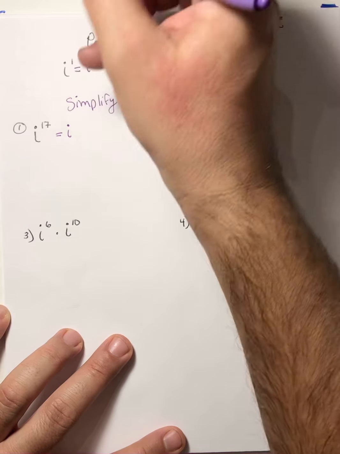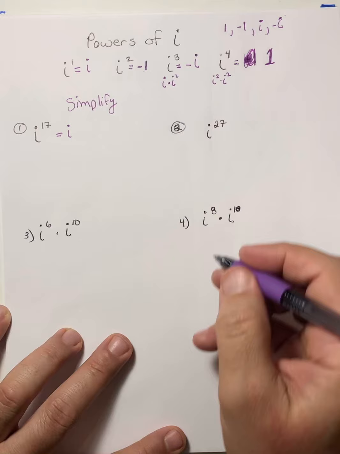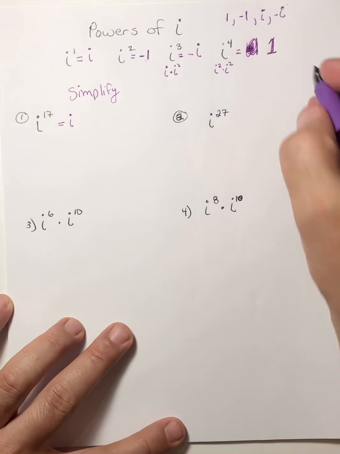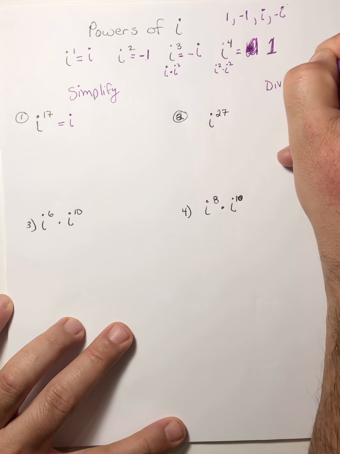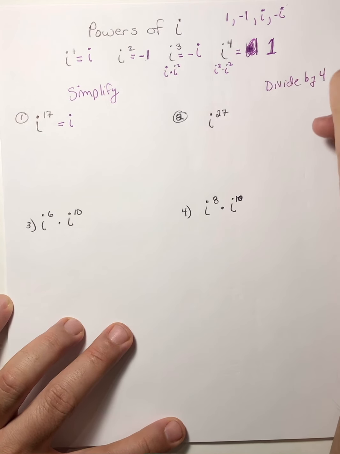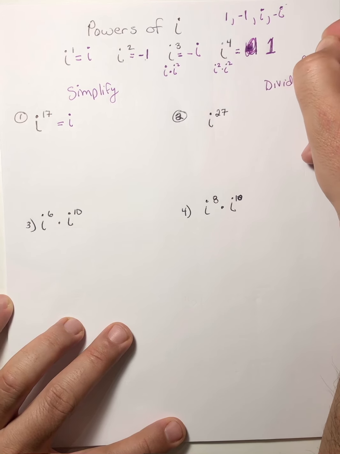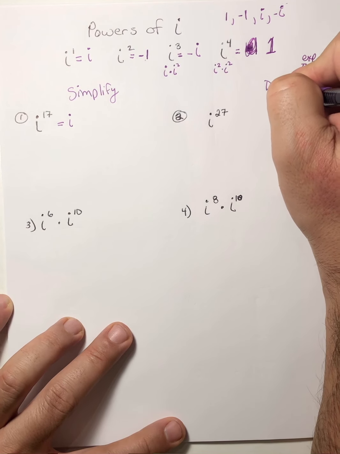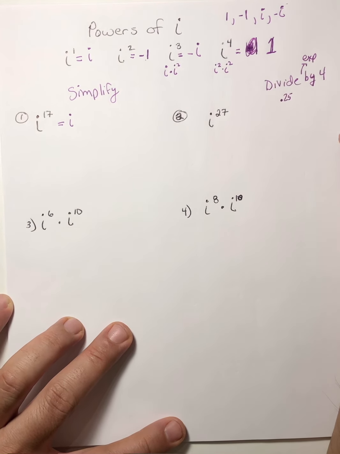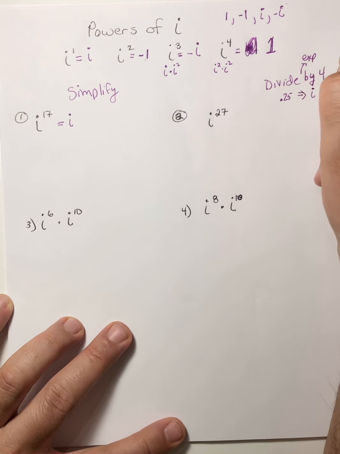So in the calculator, you're dividing the exponent by 4. This is what you're looking for, the decimal values. If you see a 0.25, then you just say my answer is i.